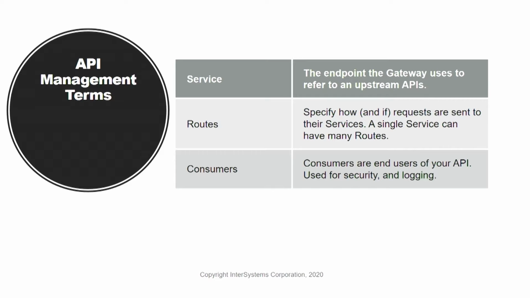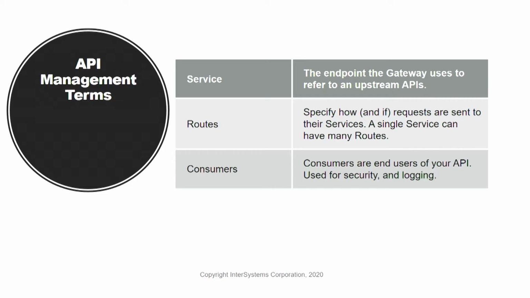So your FHIR server will be behind this gateway, and the gateway will control traffic to and from the FHIR server. You will have the opportunity to create routes. These are how those requests are sent to the services. And a single service can have many routes, so you can control every one of those routes.